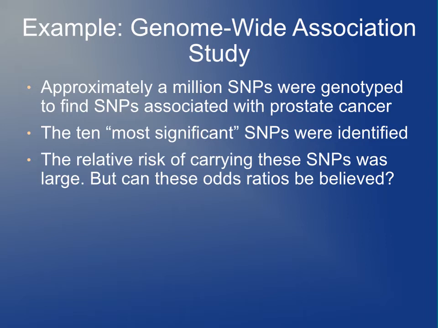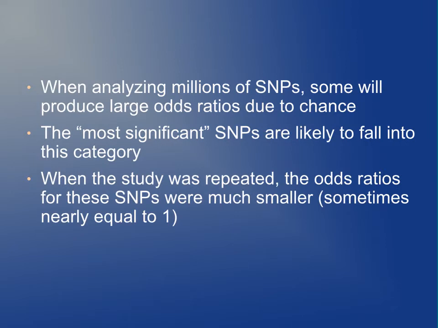And the relative risk associated with carrying these SNPs was enormous, something like 1.6, 1.7, but can we actually believe these numbers? Well, the problem is when you look at millions of different SNPs, some of the SNPs are going to produce very large odds ratios just by chance.